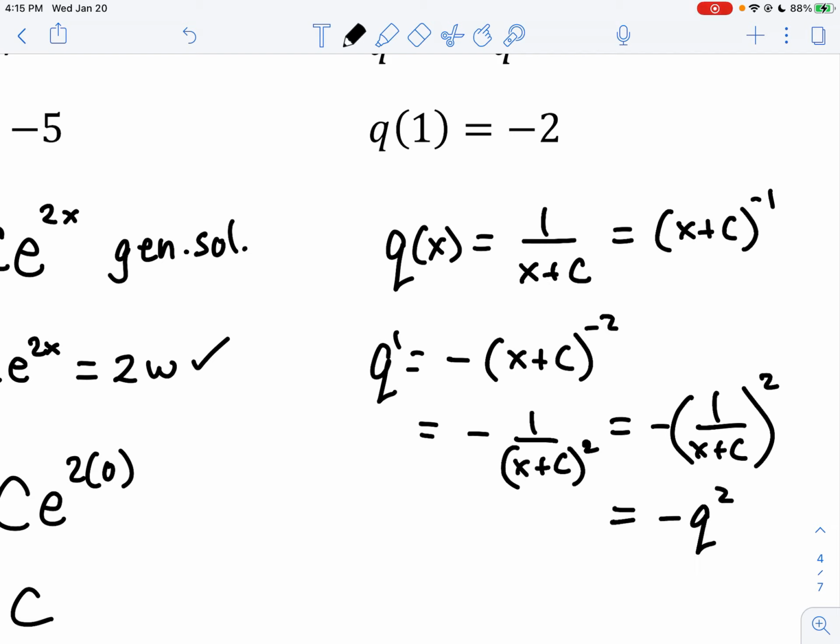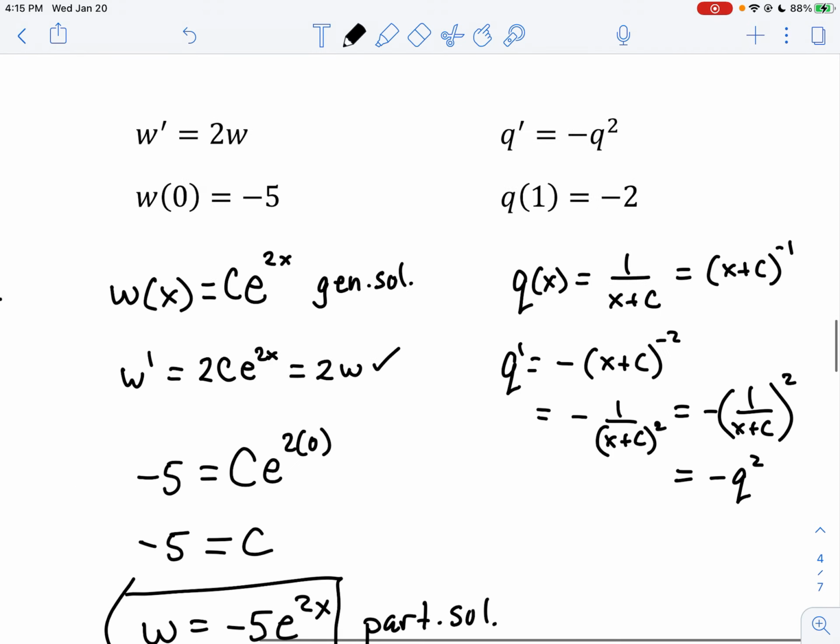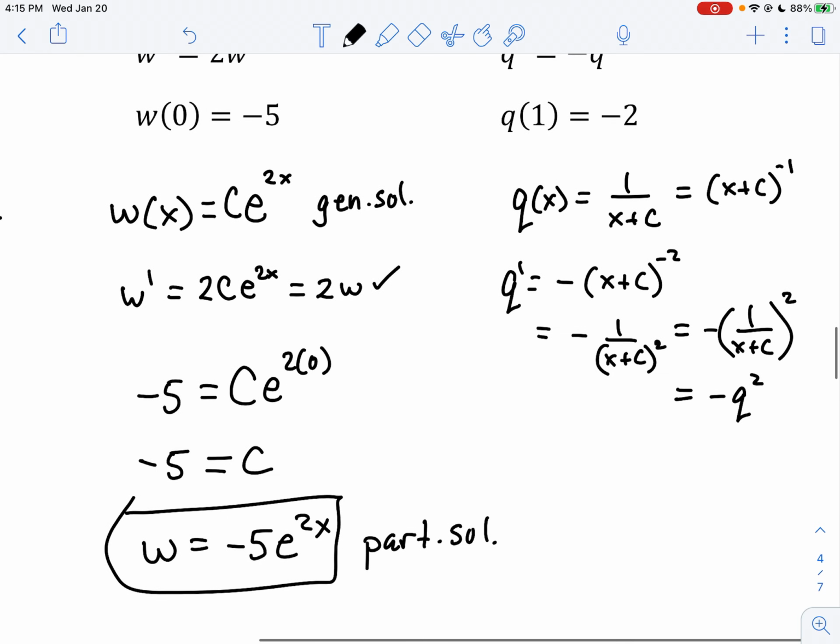So this does it. Able to find the general function such that q prime will be negative q squared. Okay, so we have it. This is our general solution right here.